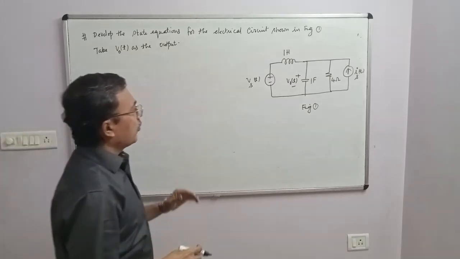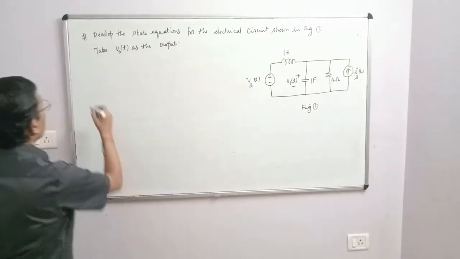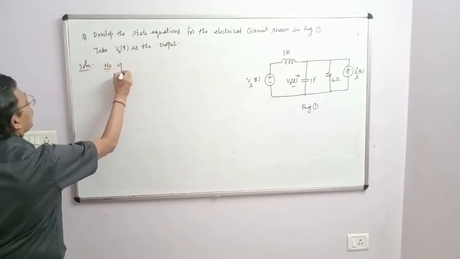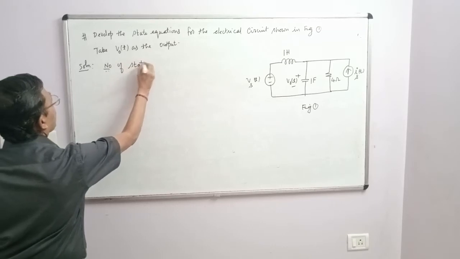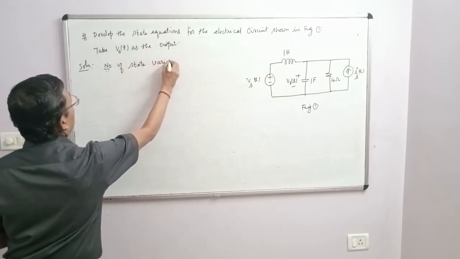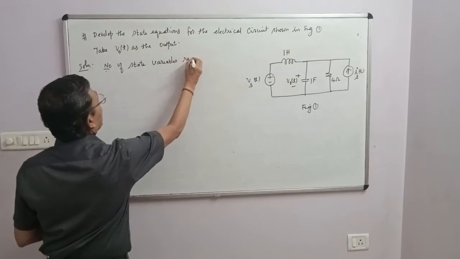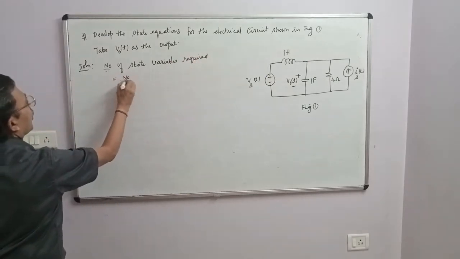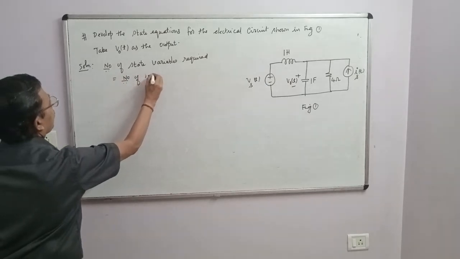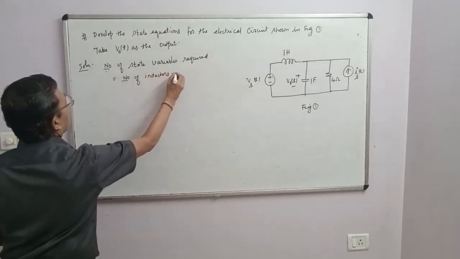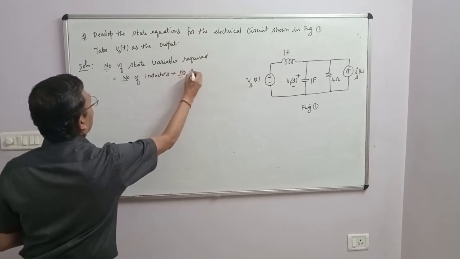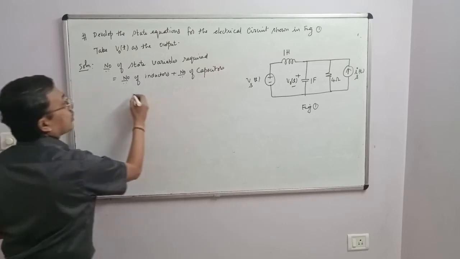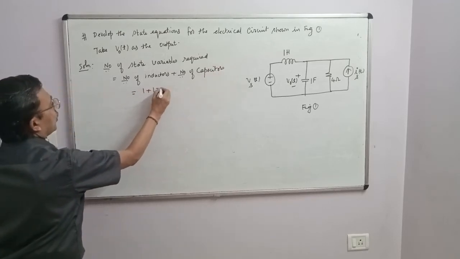So our concept is number of state variables required. Solution: the number of state variables required is equal to the number of inductors plus the number of capacitors, which is 1 plus 1 is equal to 2.